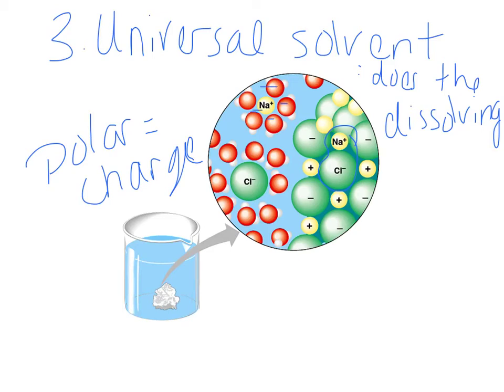Remember, the electrons spend more time around the oxygen, so the oxygen has a little bit of negative charge. And if you'll notice the orientation around the chlorine atom, those hydrogens that have that positive charge are attracted to the negative of the chlorine. The attraction of these ions to the water molecules is stronger than their attraction to one another, and so water is able to break them apart. So it is considered the universal solvent.